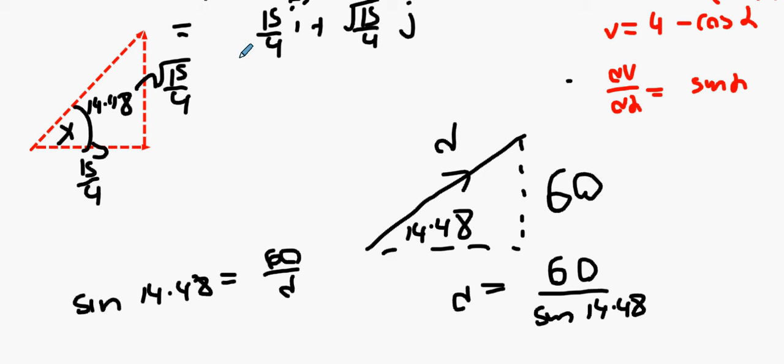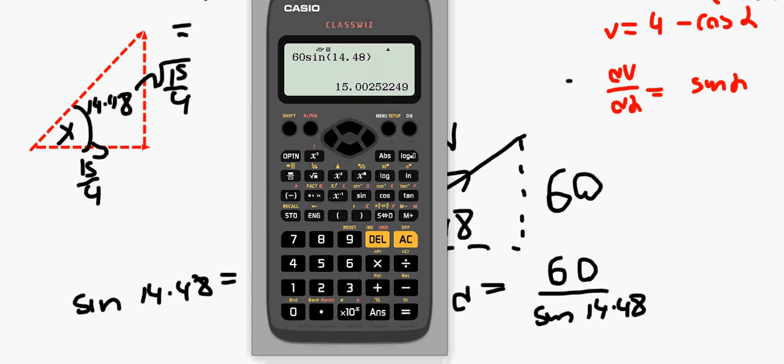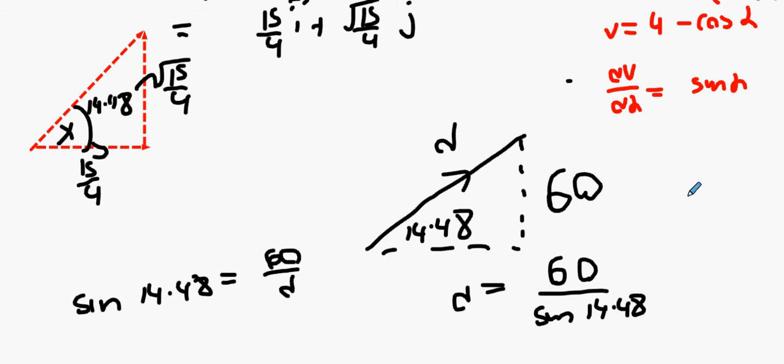Oh, it's a quarter, is it? Yeah. Oh, right. So what did I do wrong there then? Oh, divide. Oh, for God's sake. 60 divided by sine 14.48. 240. Thank God. There we go. Is that alright?